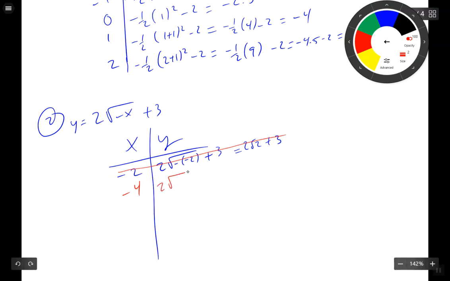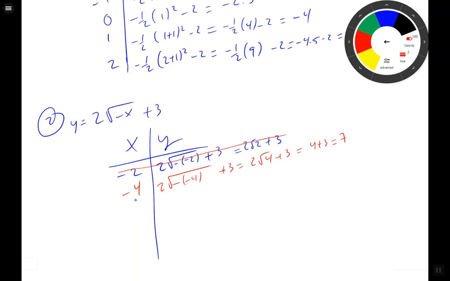It's going to be 2 square root of negative 4 plus 3. Does that become 2 square root of 4 plus 3? What's the square root of 4? 2. 2 times 2 is 4 plus 3 is 7.